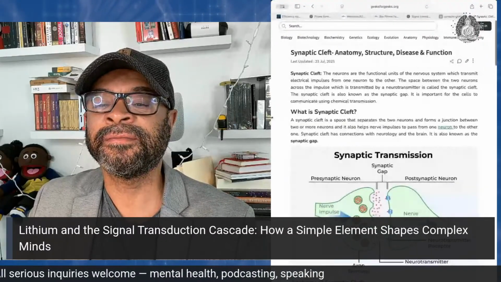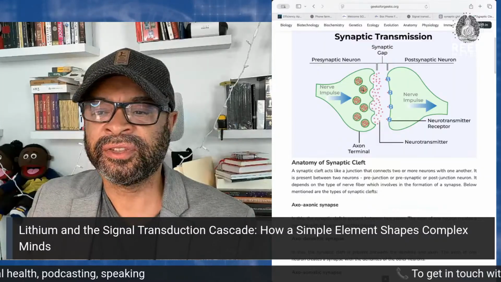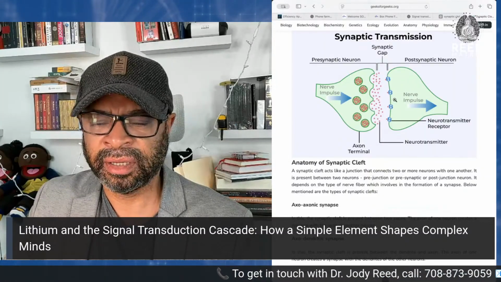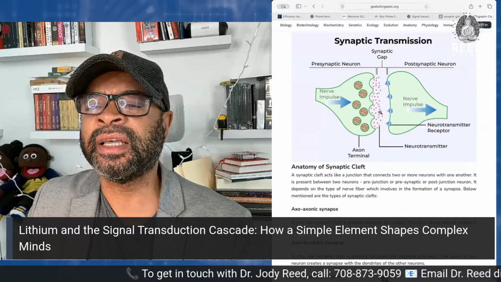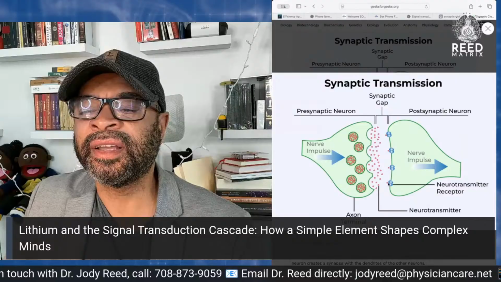Okay. Here's the presynaptic neuron right here. Here's the postsynaptic neuron right here. Presynaptic, postsynaptic.